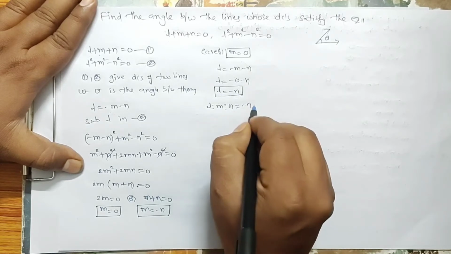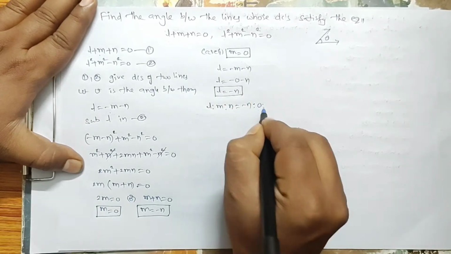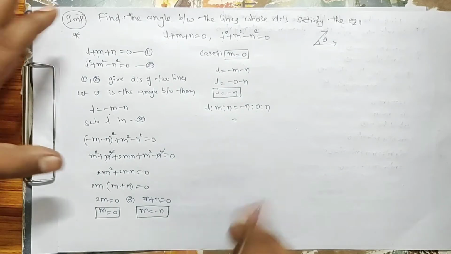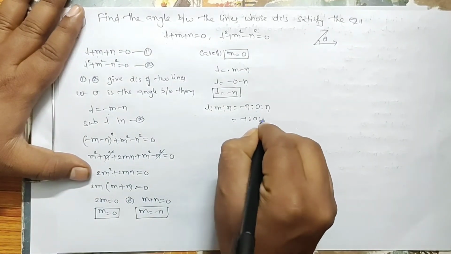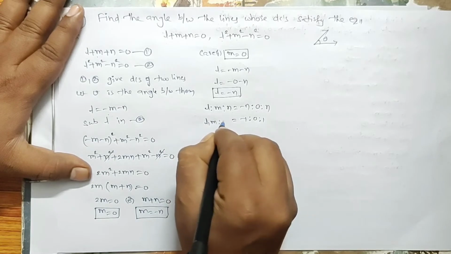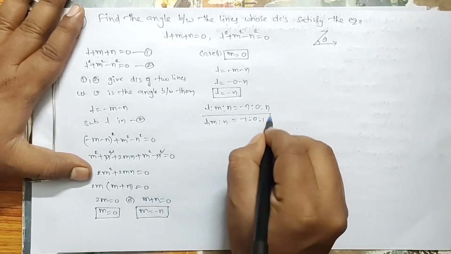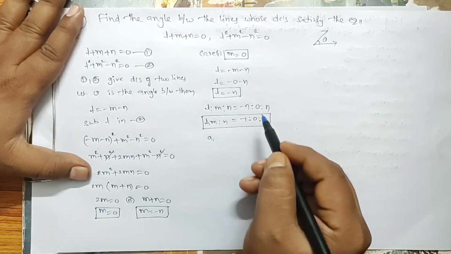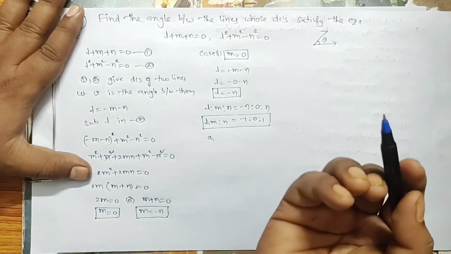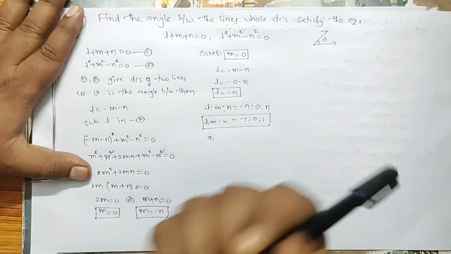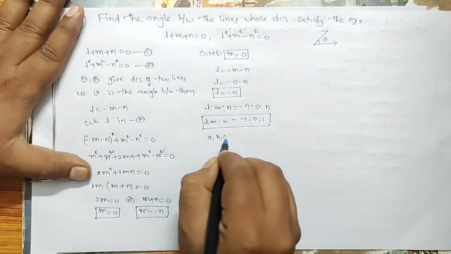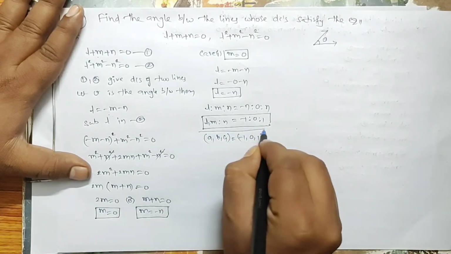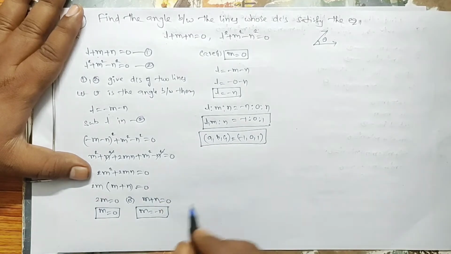L is equal to minus N, M is equal to 0, N is N. If you divide by N you get minus 1 is to 0 is to 1. These are the L, M, N. Therefore, from these take the DRs of the first line. DCs and DRs are proportional, and for a line we can directly take the DRs. So A1, B1, C1 is equal to minus 1, 0, 1. Take this as set 1, the DRs of the first line.